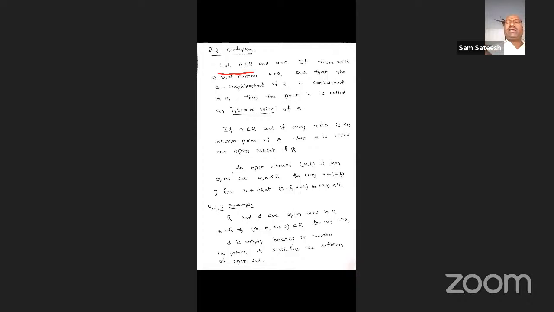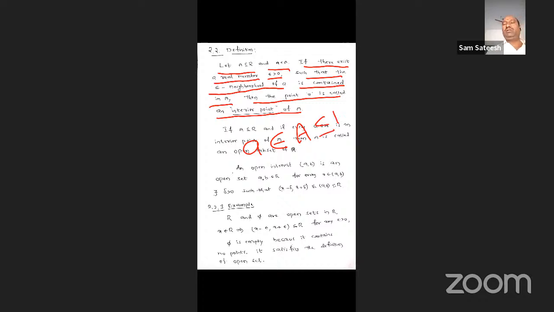Let A be a subset of R and a belongs to A. If there exists a real number epsilon greater than 0 such that the epsilon neighborhood of a is contained in A, then the point a is called an interior point of A. We are taking small a belonging to capital A. Here capital A is a subset of the real number set. It means a belongs to A and A is also contained in R.